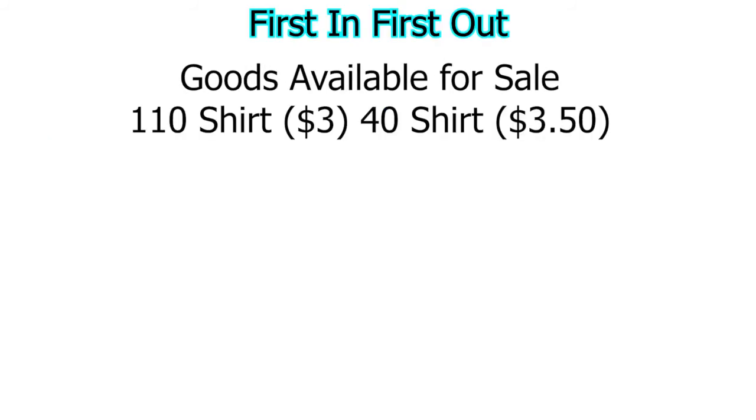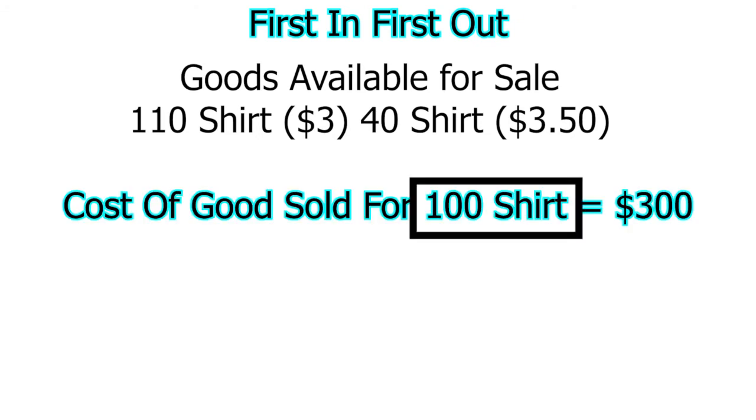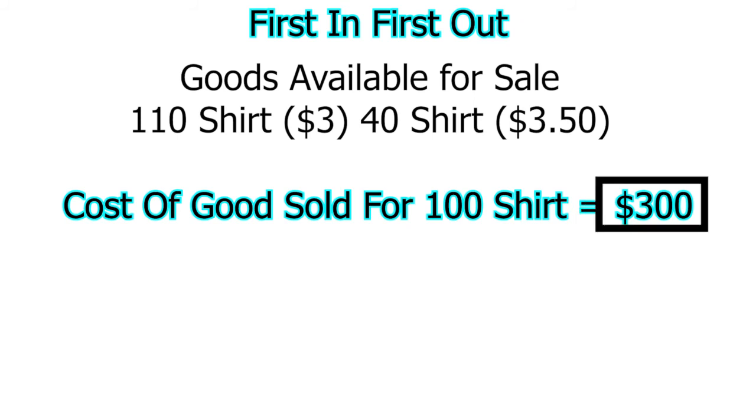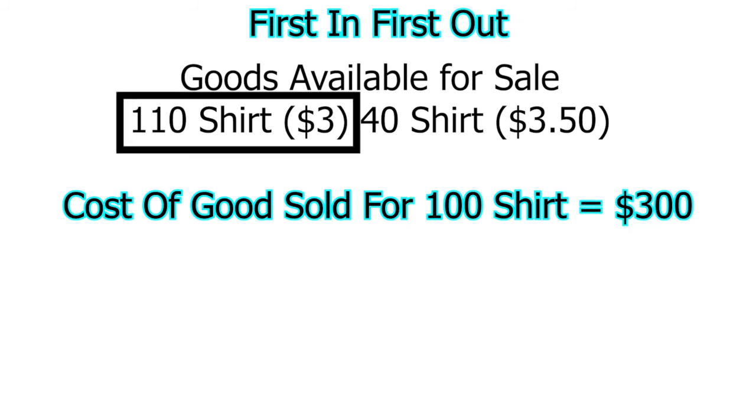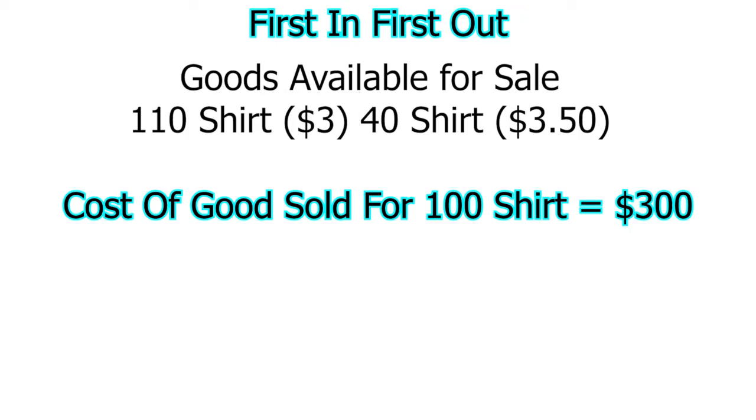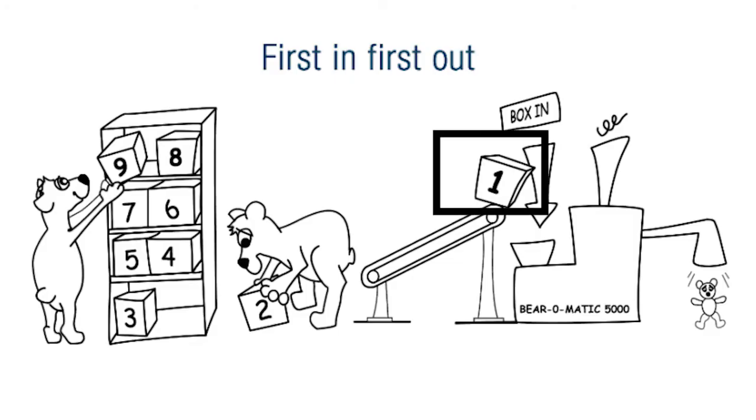If Maggie were to use the first in, first out method of calculating her cost of goods sold for the 100 shirts she sold in April, her cost of goods sold would be $300 since she had 110 shirts at the cost of $3. And first in, first out assumes that all of the older units are sold before any newer units are sold.